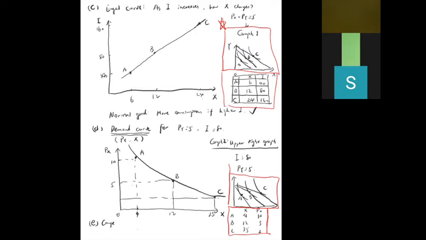Compensated. So for compensated demand, it means to reach the previous utility, the old utility, under the new price ratios.